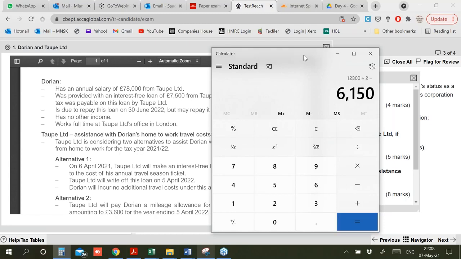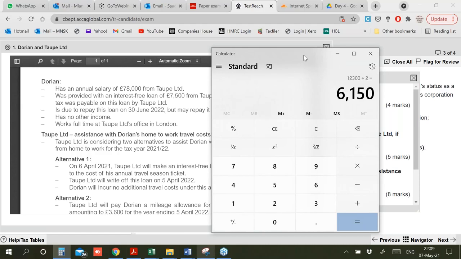Why am I dividing it by 2? To take out the average. As you guys know, we have to calculate the benefit using the average method, and we will then multiply it by 2.25%, which is HMRC's official rate of interest.